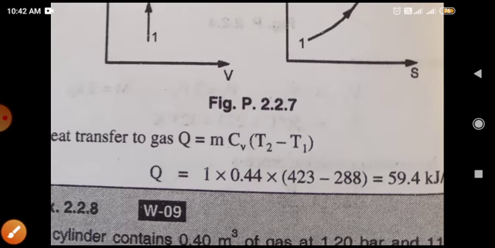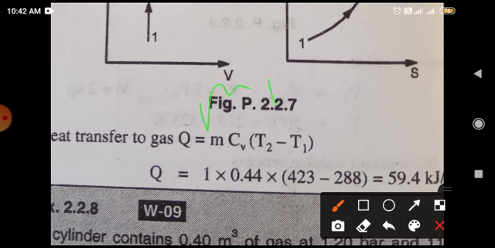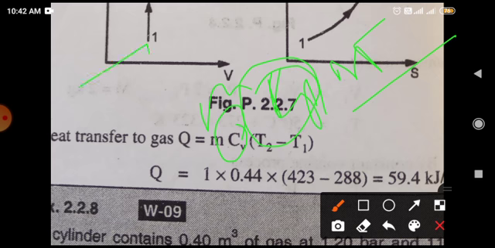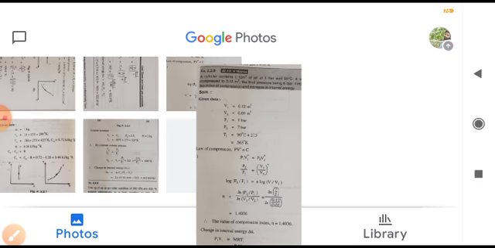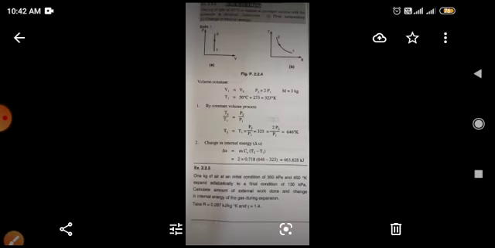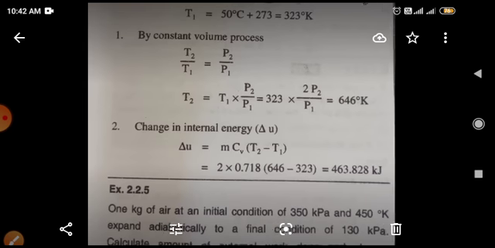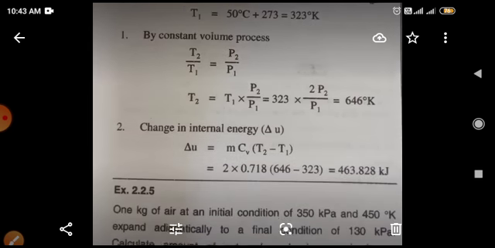I had told you mCp delta T, but instead of Cp you have to take Cv, because the gas is enclosed in the container. Therefore it's a constant volume process, and you have to make the calculation using Cv.